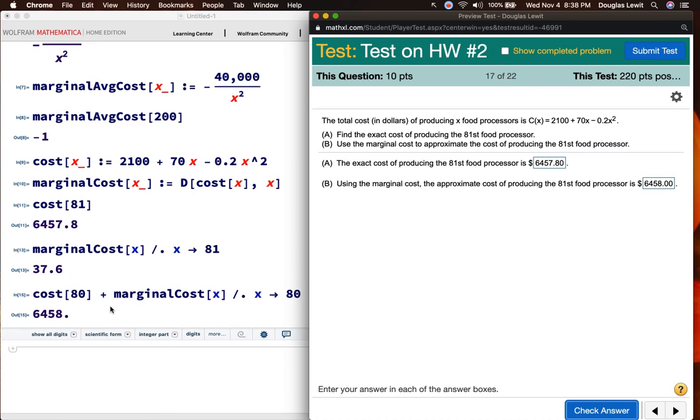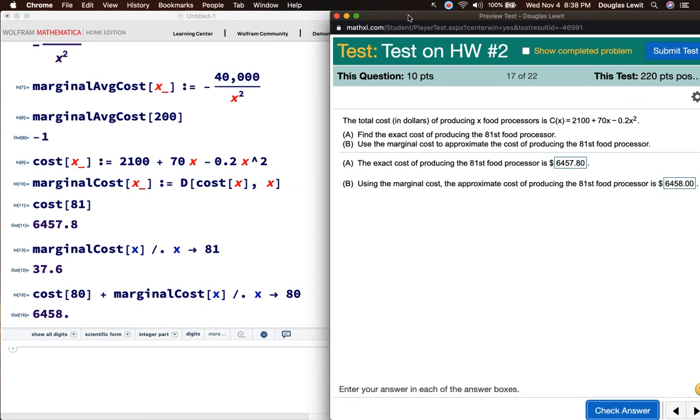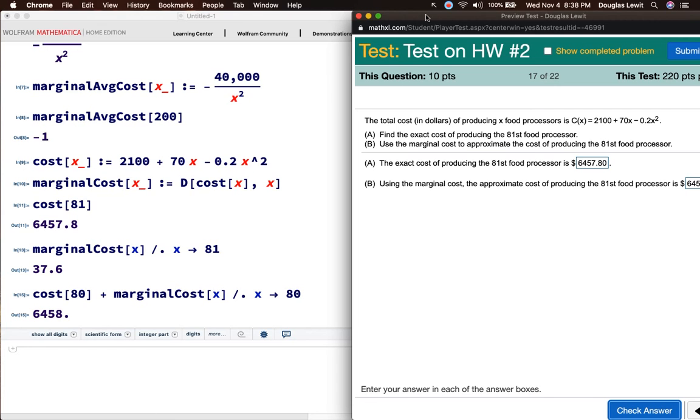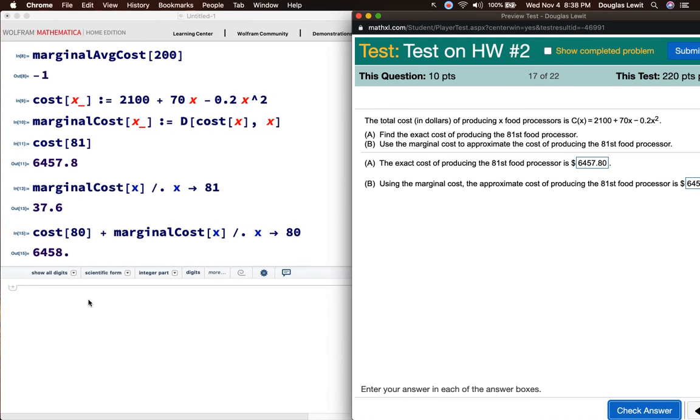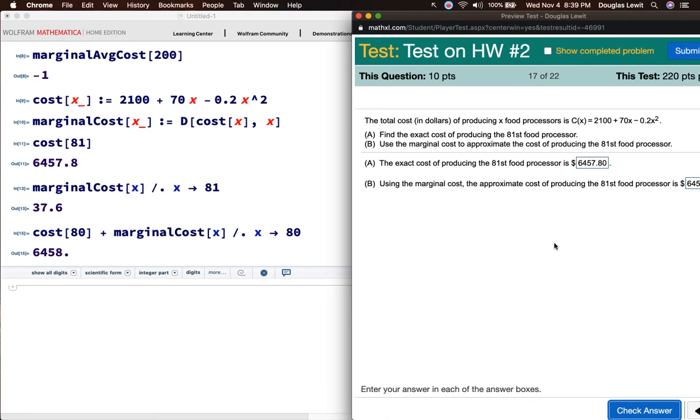Oh, I misread the problem. Okay, sorry about that. I misread the problem. The total cost in dollars of producing X food processors is given by this function. The exact cost of producing the 81st food processor, okay, so not the total cost of 81 food processors, but the exact cost of producing the 81st food processor.